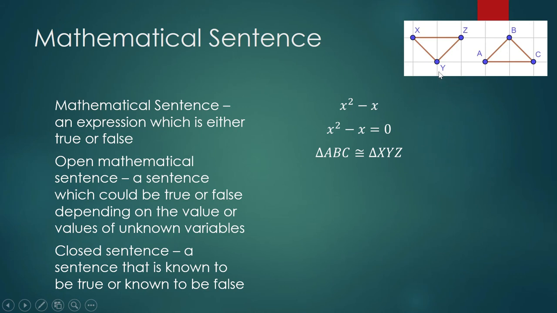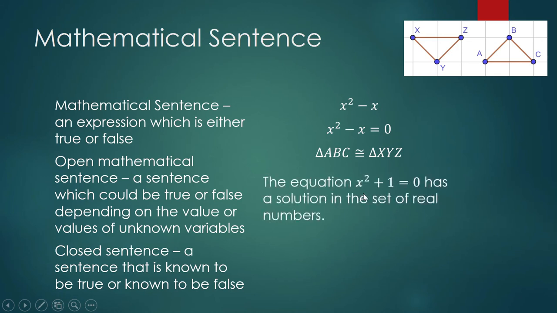If you were to move this triangle in such a way that the point Y will match that point B, X will match A and Z will match C, the corresponding parts perfectly match each other. So this is true. Given these triangles, this mathematical sentence is true.